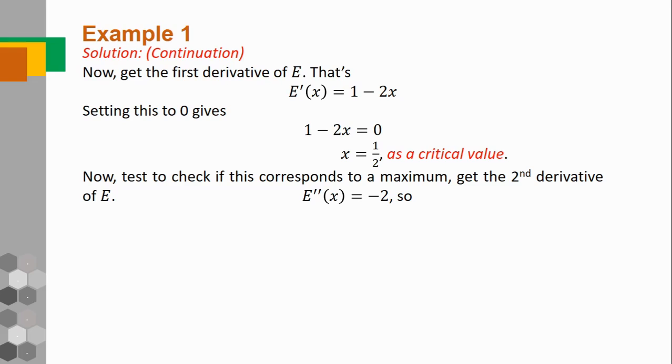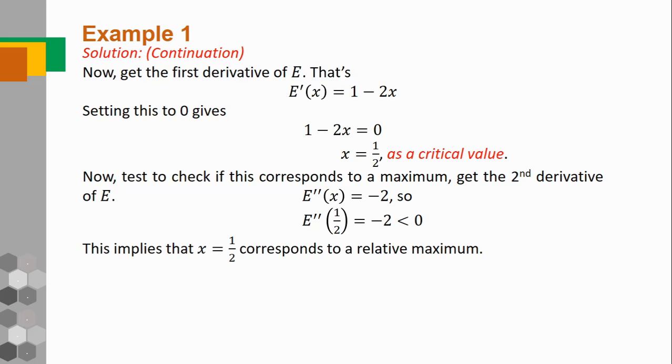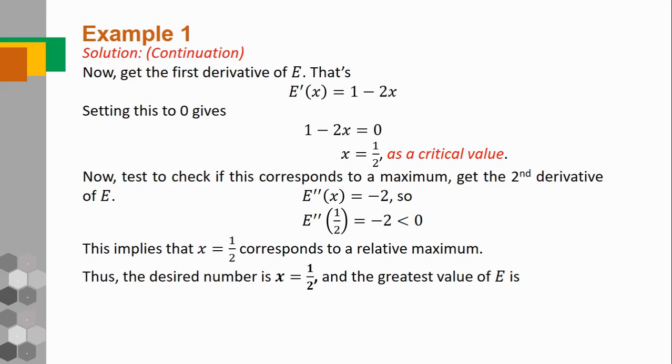But first get the second derivative of e, and that's e double prime of x equals negative 2. So e double prime of 1 half equals negative 2, and that is less than 0. And by the second derivative test, this implies that x equals 1 half corresponds to a relative maximum.